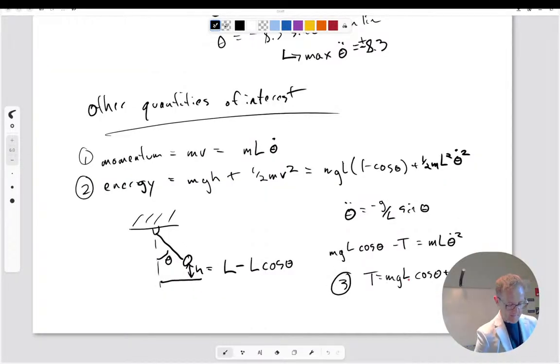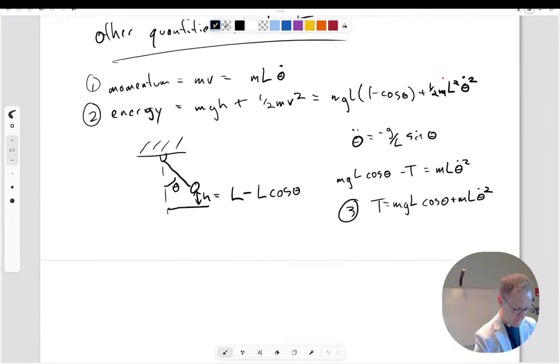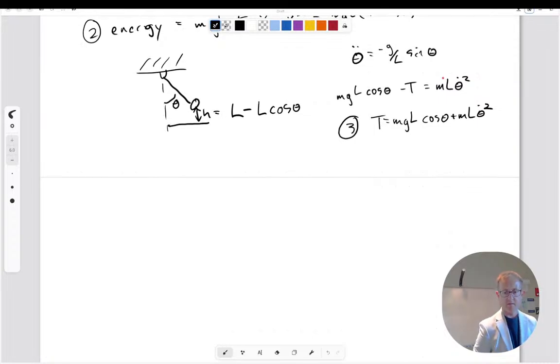So the main thing is that it's mgl cosine theta plus that ml theta dot squared. That's my, and we can't see that, can we? Scrolling up. So are all the terms positive?